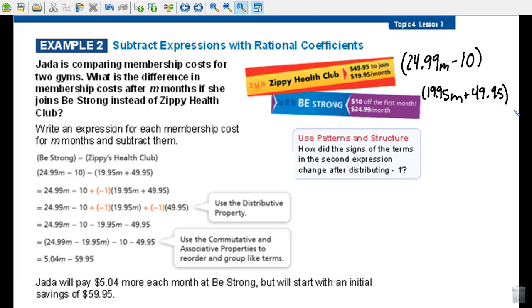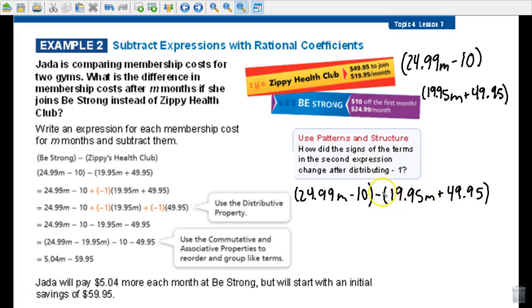So now to find out the difference between them, I have to subtract them. So I rewrite them. Parentheses 24.99 M minus 10 end parentheses minus, because it's difference and we're subtracting, in parentheses 19.95 M plus 49.95 end parentheses.